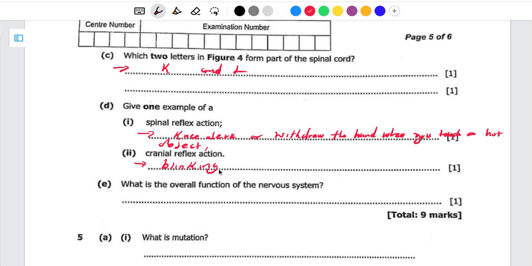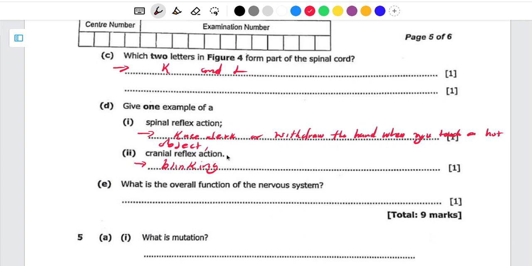Sometimes it can be controlled, but it's not always. It's just automatic. Reflexes are automatic responses. The brain can't tell you to blink; it just happens on its own.